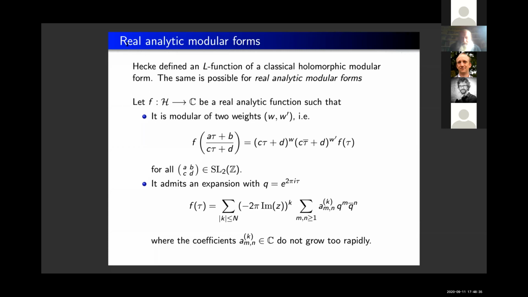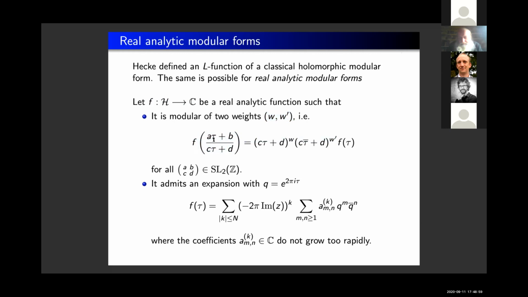We can take, in fact, any real analytic modular form and try this idea. So for me, a real analytic modular form is a function from the upper half plane to complex numbers that is real analytic, and it has modularity but with two weights, W and W prime.